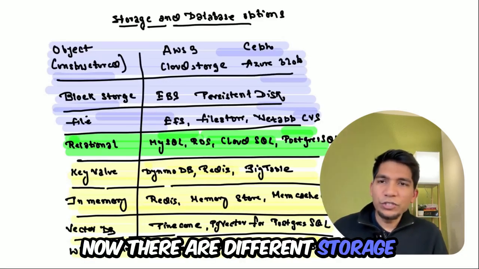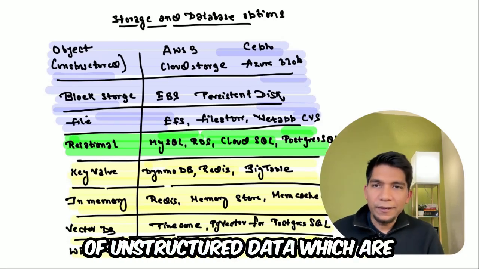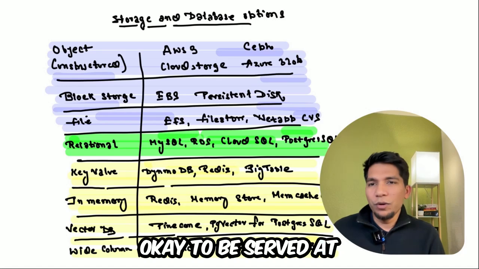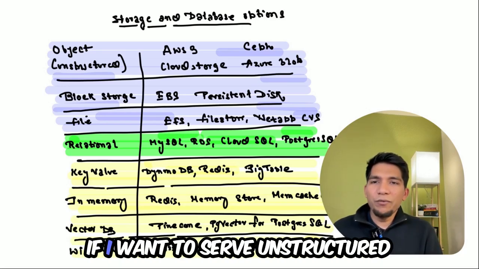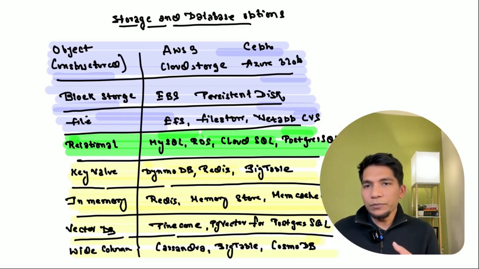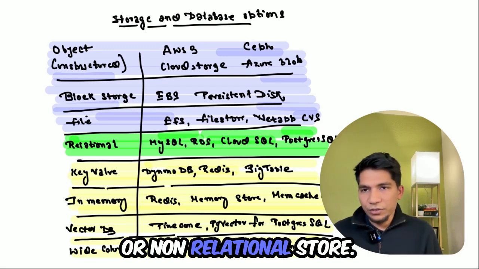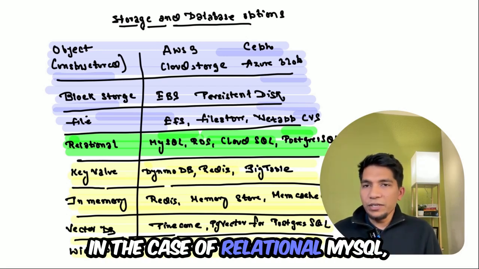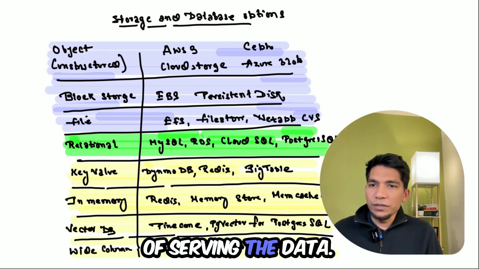Now, there are different storage options for different optimizations. For example, if I have a lot of unstructured data, which is okay to be served at higher latency, then object storage is really easy, it's cheap. If I want to serve unstructured data at lower latency, then block and file are a good option. In the case of structured data, you have either relational or non-relational stores. In the case of relational, MySQL, RDS, Cloud SQL are pretty good ways of serving the data.